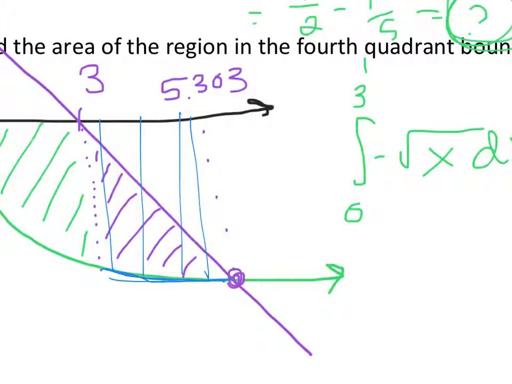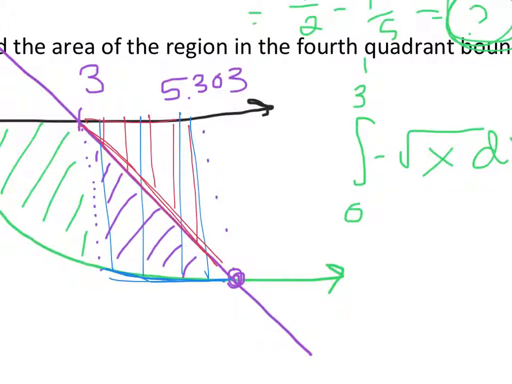Now, if you were to just look at the purple region, which I don't want to do in purple because we've already done it in purple, so let's do it in red, just the area under the line going to the x-axis, it'd be that.